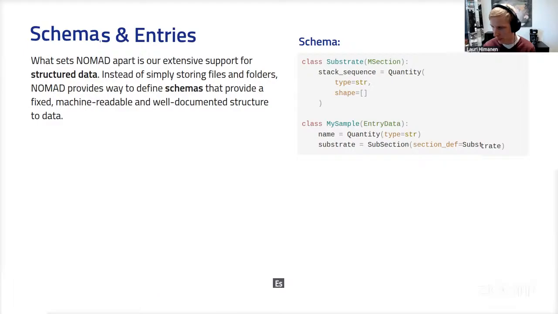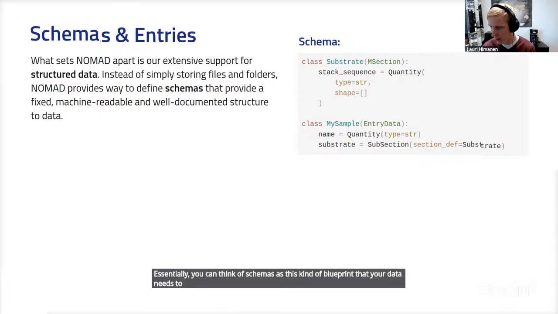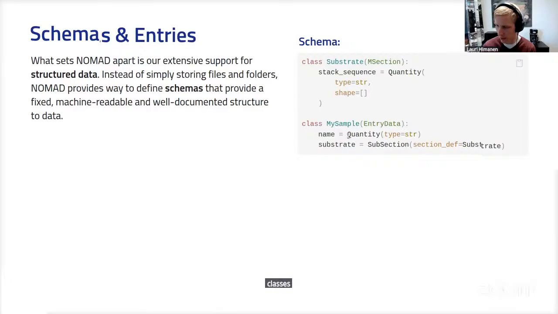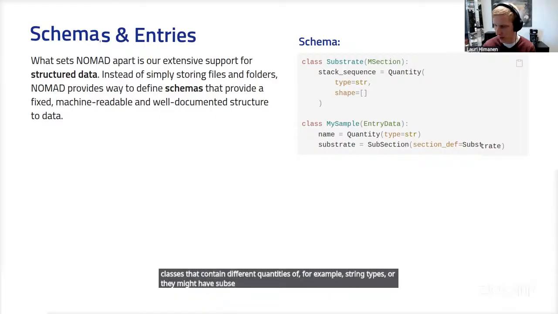Essentially you can think of schemas as a kind of blueprint that your data needs to follow. So you might have classes that contain different quantities of, for example, string types, or they might have subsections that are repeated, and so on. This defines what your data is supposed to look like.